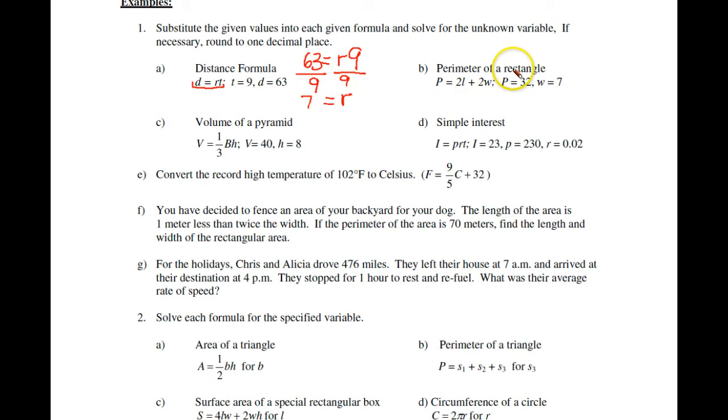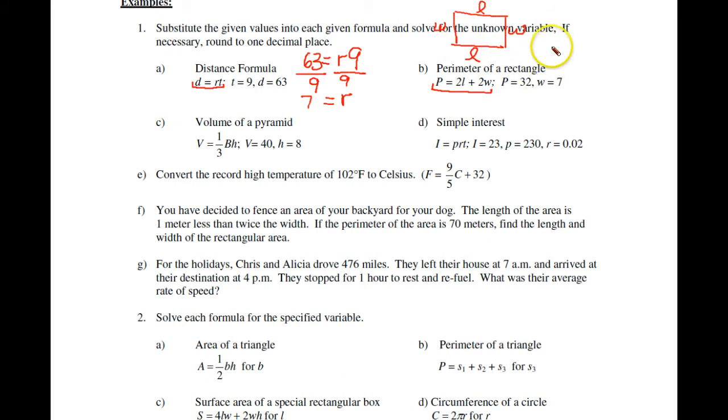All right, the perimeter of a rectangle is this formula right here. And if we made a little diagram, we would have a width on this end, a width on this end, a length, and a length. So we have 2 lengths right there and 2 widths that we add together to find the distance around, which is perimeter.